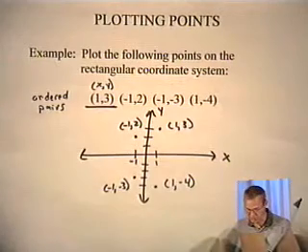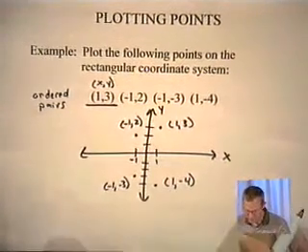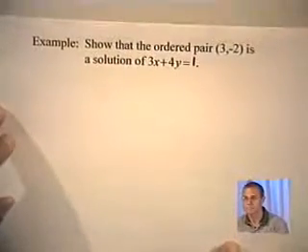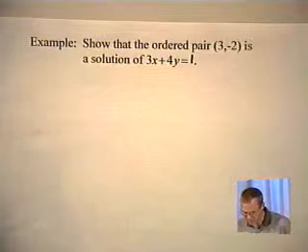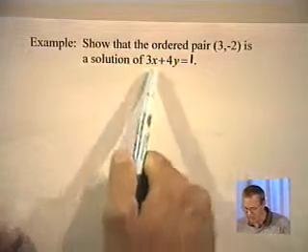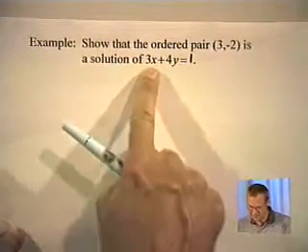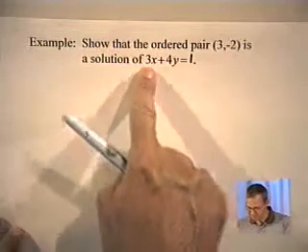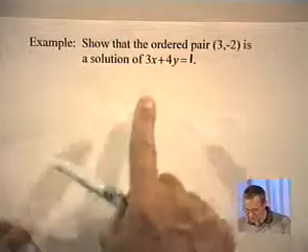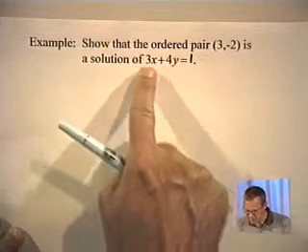It's fairly straightforward. Let's look at a different example. Okay, it says, show that the ordered pair (3, -2) is a solution of this equation, 3x + 4y = 1. Now this is known as a linear equation, and a linear equation is pretty easy to figure out, whether it's linear or not, by simply looking at the variables.